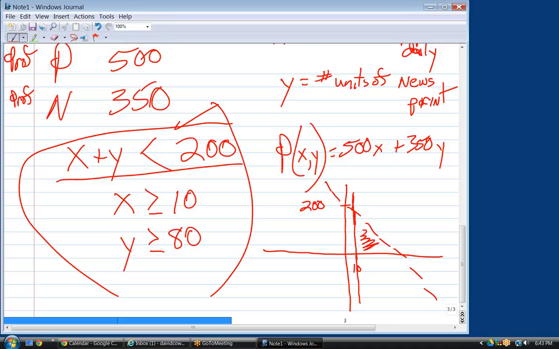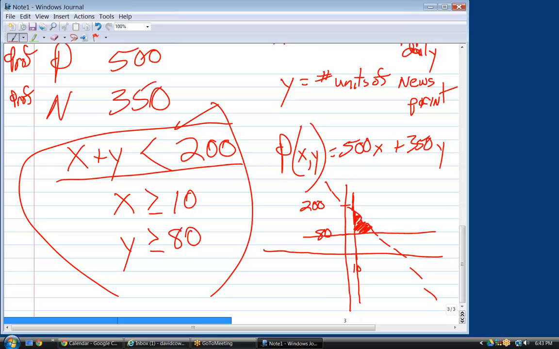Our solution has to come from that area. But we've got one more constraint, and that's y has to be greater than or equal to 80. Well, if I put 80 on here, it's about right there. That's a solid line.